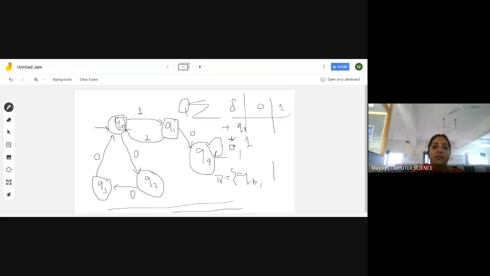What is your start state here? The next tuple is Q0. What is your final state? The final state is also Q0. You can write the final state belongs to Q0. Fine. All these tuples are required for presenting a question.